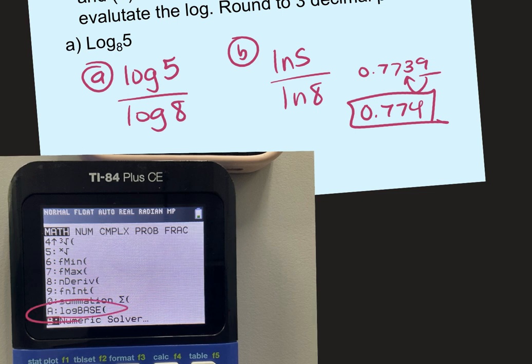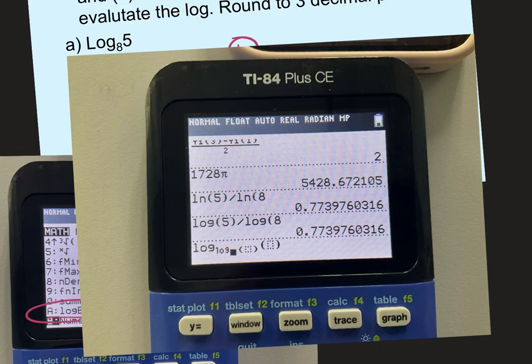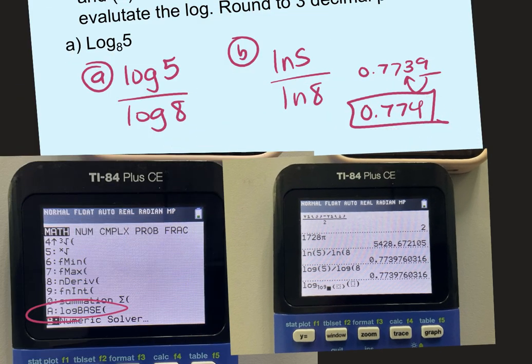And if you click there, it looks like that. And it will allow you to change your base.